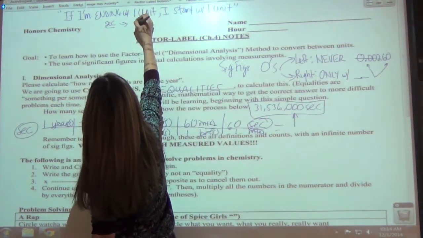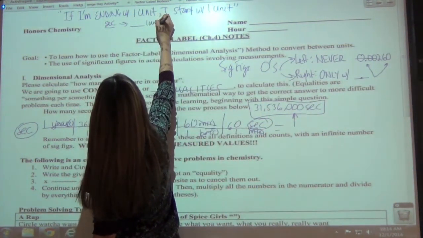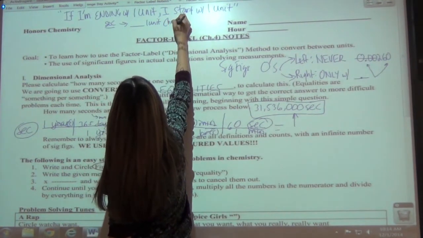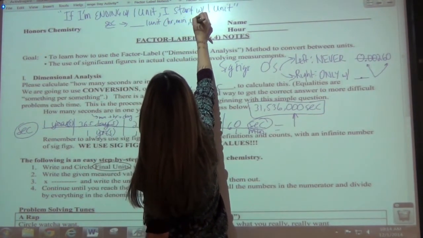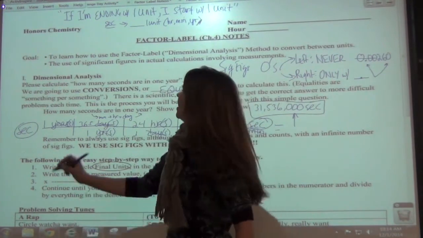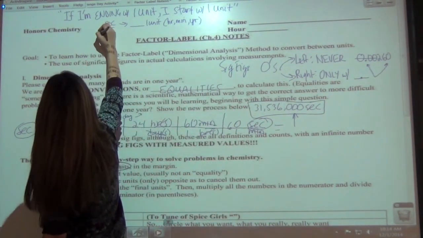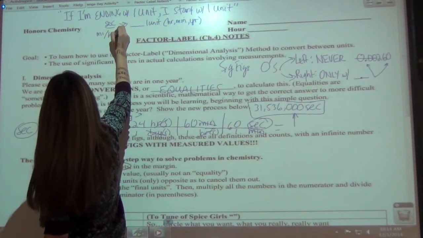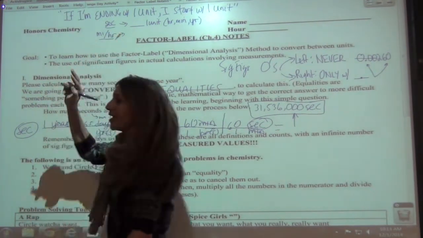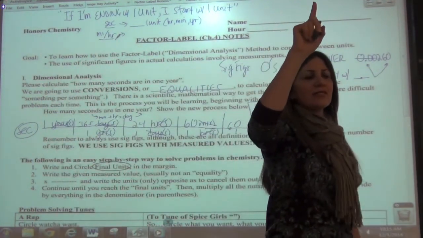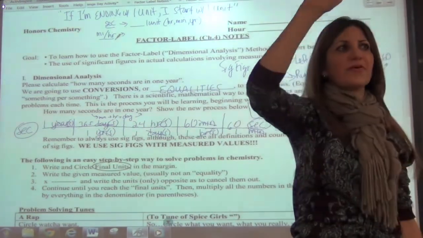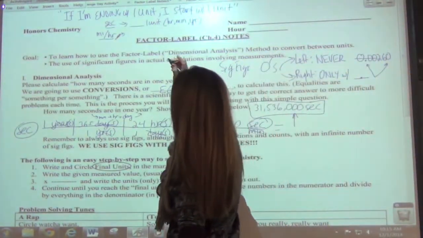Then, when I want to end with just 1 unit, that 1 unit can be something like hours, or minutes, or maybe it's years, okay? If you're ending with something like miles per hour, for example, that's 2 units. Miles is considered 1 and hours is considered another. That's 2 units. I want to start with 2 units.